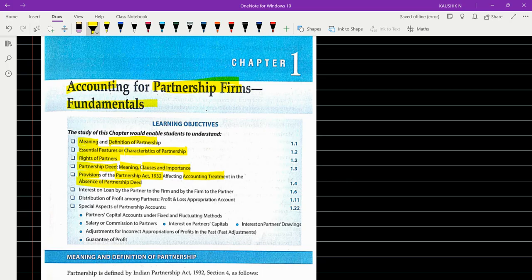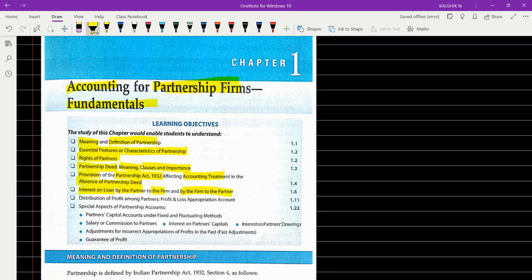And then some important treatment of interest on loan by the partner to the firm and by the firm to the partner. So in this chapter you will come across the treatment of a loan provided by the partner to the firm, and vice versa, firm to partner.